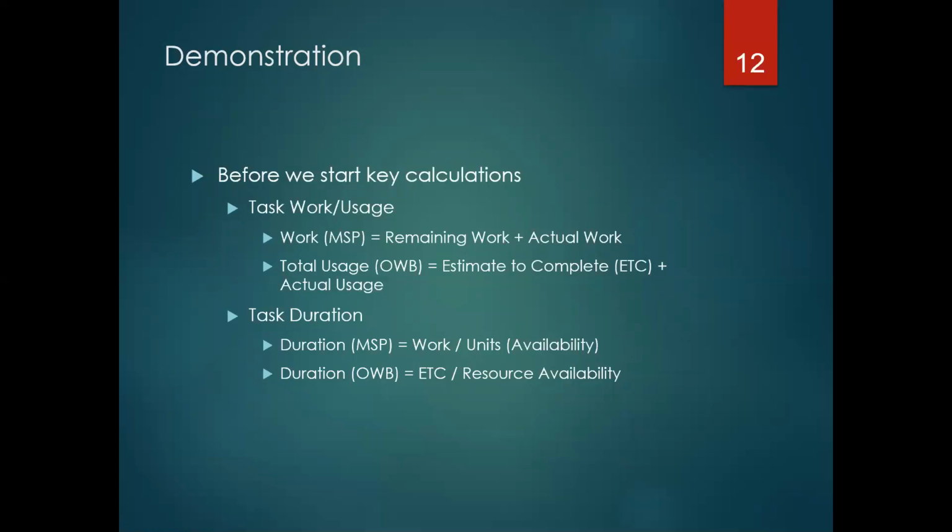Open Workbench's equivalent of work is called total usage, and it is the summation of the estimate to complete plus actual usage or actual work. Usage and work are synonymous in this context. So that's good to know.